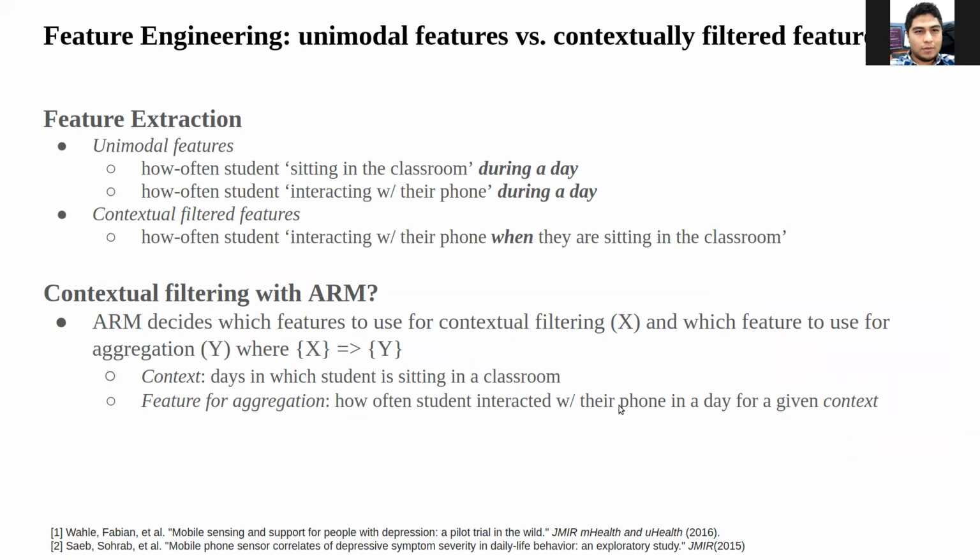So when calculating this phone interaction time, instead of aggregating the mean and standard deviation of phone interaction time for all 100 days, we only compute the aggregation for a specific context.